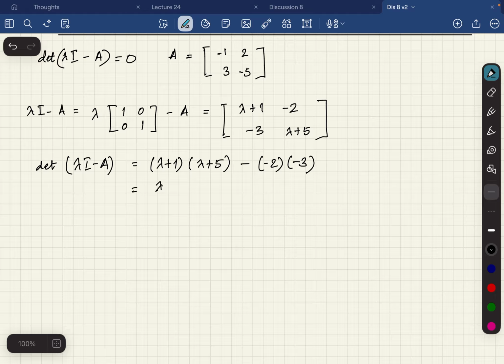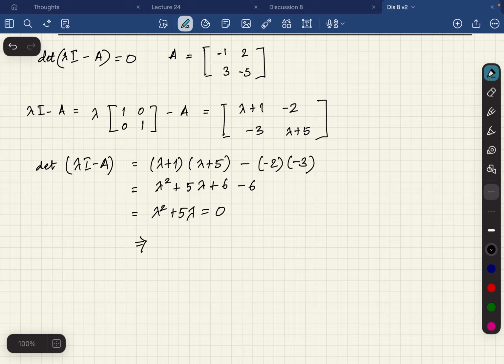So this comes out to be lambda square plus 5 lambda plus 6 minus 6, which is lambda square plus 5 lambda, and this is 0. The definition of eigenvalue is that the roots of the characteristic equation of the matrix are the eigenvalues of A. We'll see what they physically or geometrically mean in a short while.